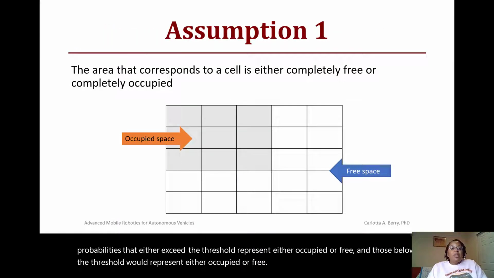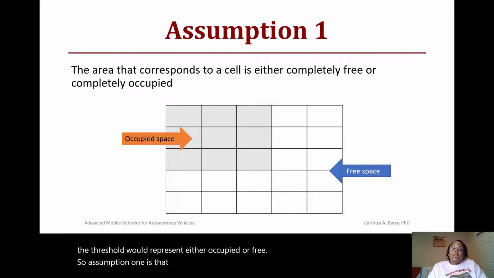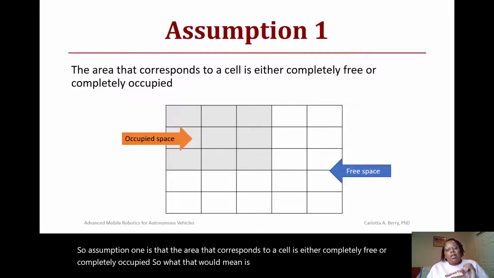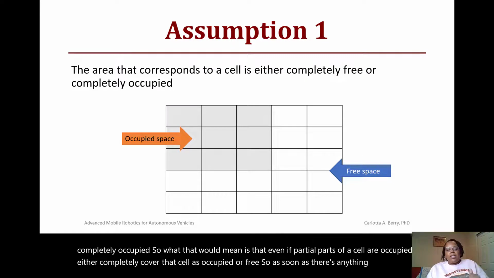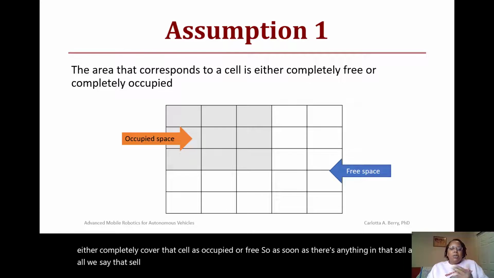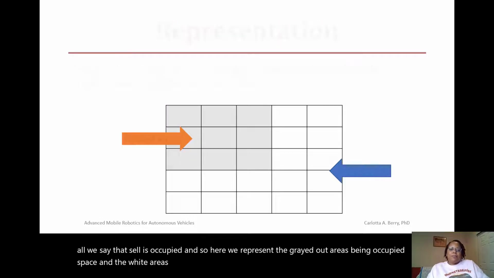So assumption one is that the area that corresponds to a cell is either completely free or completely occupied. What that would mean is that even if partial parts of a cell are occupied, we either completely cover that cell as occupied or free. So as soon as there's anything in that cell at all, we say that cell is occupied. And so here would represent the grayed out areas being occupied space and the white areas being free space.